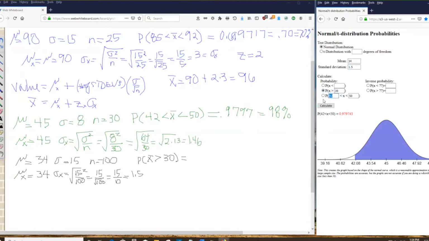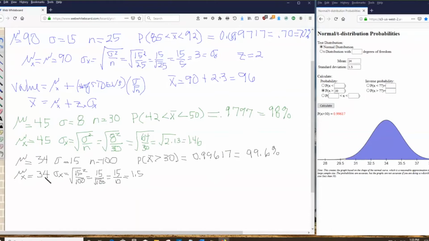So I can get rid of these numbers here, put in my calculate, and it's going to give me an answer of 0.99617. So this is almost 100%. So I'm just going to put it as 99.6% probability that X is going to be greater than 30. So it's almost 100% that X is going to be greater than 30.